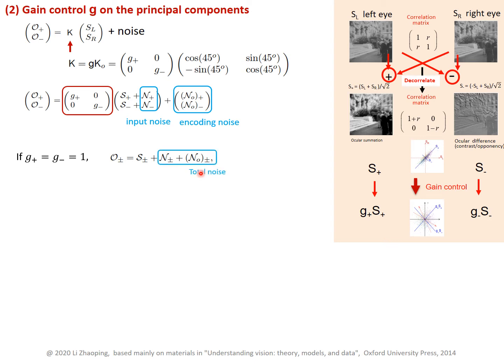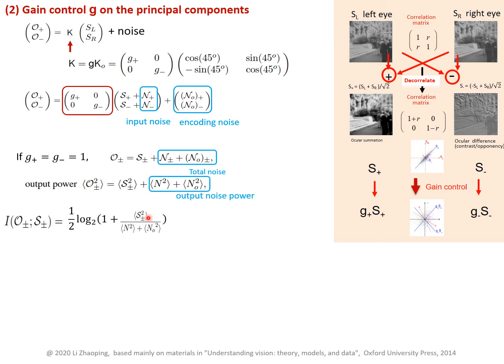And the output power would just be equal to the signal's power plus the noise power, including both the input noise and encoding noise. The extracted information will be determined by the signal to noise, the signal being this one and the noise being that one.